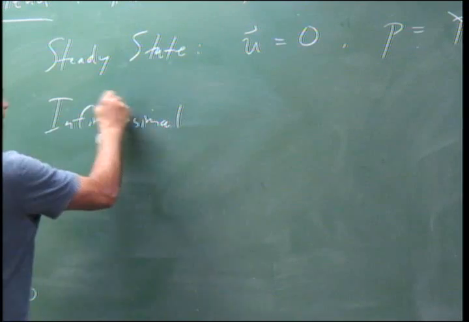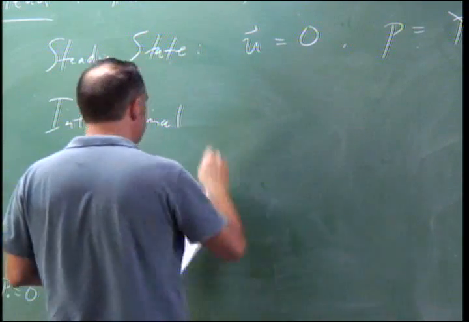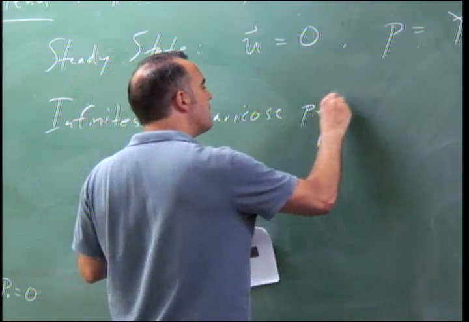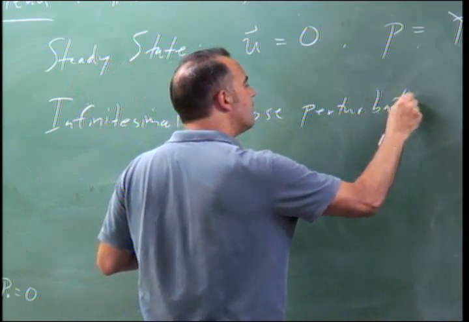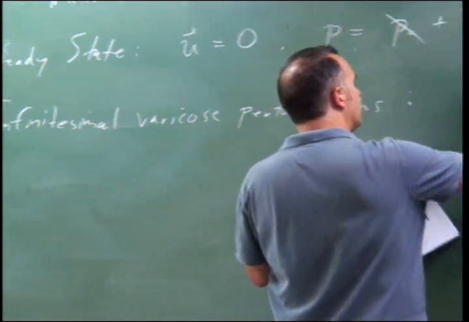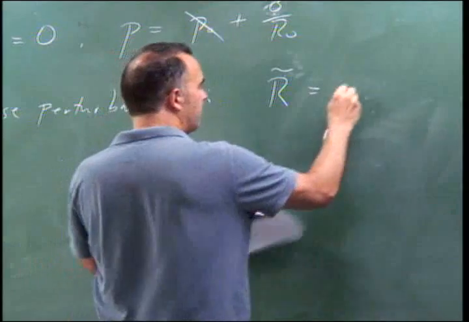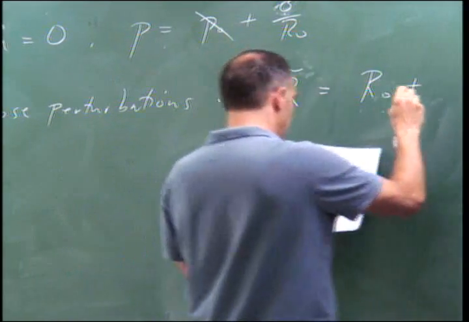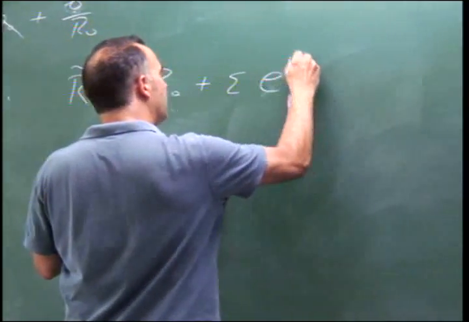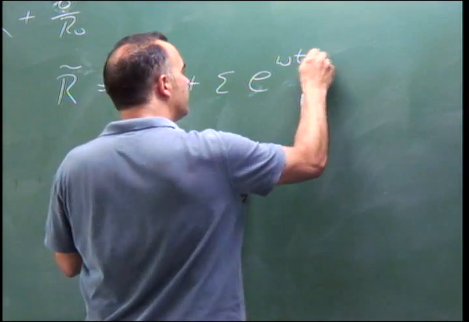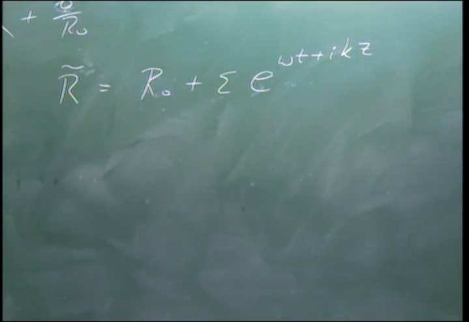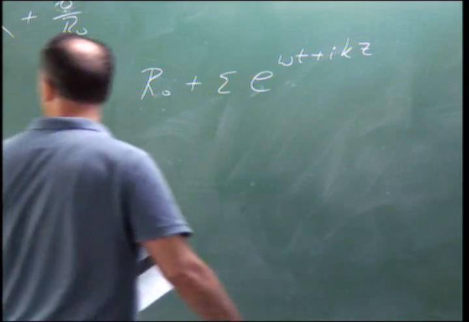Okay, so we're going to perturb it. So we're going to say the new radius is going to be R0 plus this small perturbation, e to the omega t plus i k z. Okay? So these are undulations along the length of the tube.